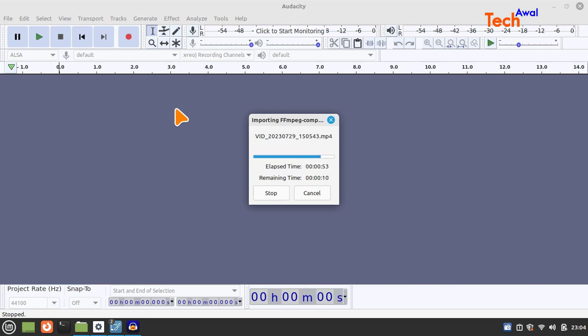Okay, so it is almost done. So we can see the spikes when it oscillates.